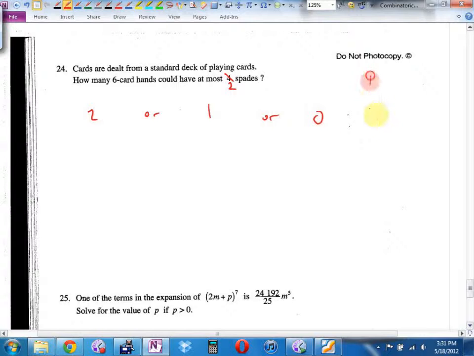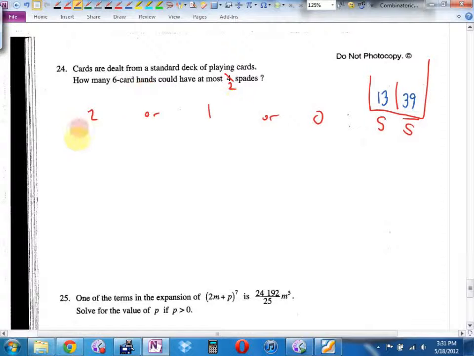Let's draw my bucket. We have spades and others. How many spades are there in the deck? I'm going to actually expect you to know this. How many others? 39, yes? Okay, we're picking 6 cards.